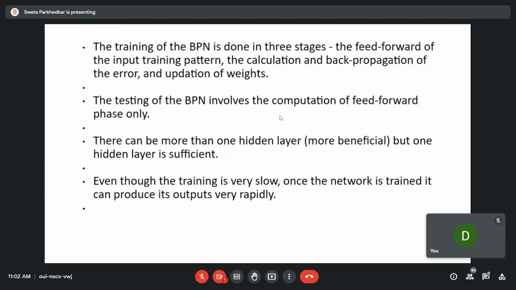So the training of back propagation network is done in three stages: the feed forward of the input training pattern, the calculation and the back propagation of error, and updation of weight. The testing of back propagation network involves the computation of feed forward phase only.